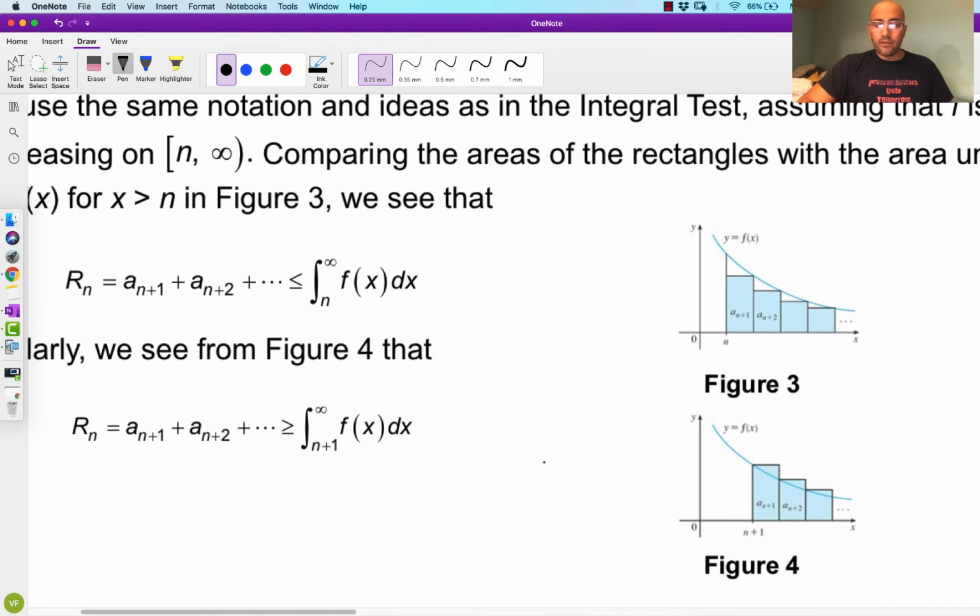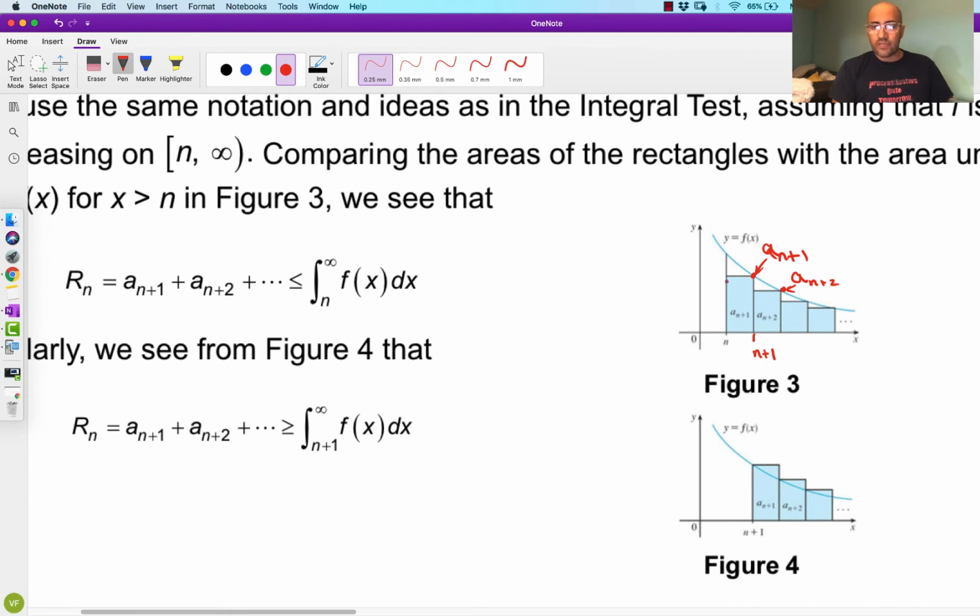Here's n, and if we go to n plus 1, here's the result of plugging in n plus 1. So this is a sub n plus 1 here, and this one is a sub n plus 2 over there.